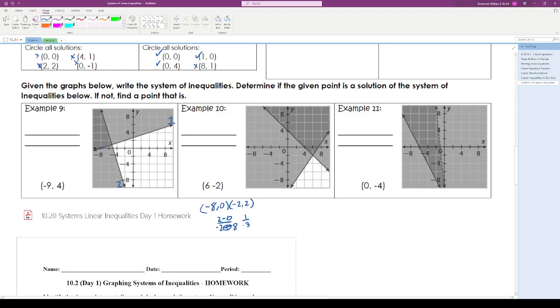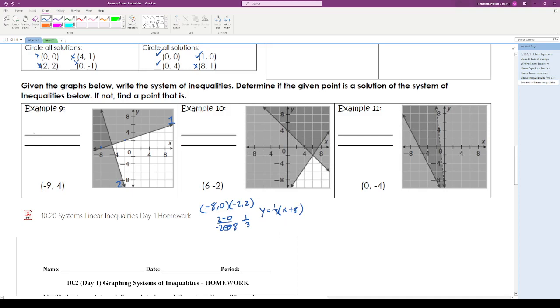Since our slope is 1/3, we could then use point slope form to find the equation. Let's use the point negative 8, 0, and we'll do y minus 0 equals 1/3 times x plus 8. So that would be our point slope version using our slope of 1/3 and this point.